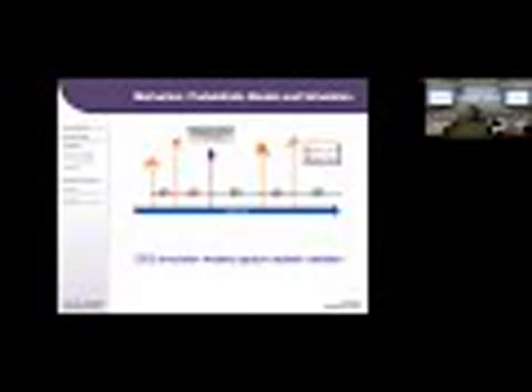The memorylessness of the exponential means that the amount of time you've waited for an exponential does not tell you anything about how much more time you will wait until an event happens. Written mathematically, it says the probability that the exponential is greater than x plus y, given that it's already greater than x, is equal to the probability that it's greater than y.